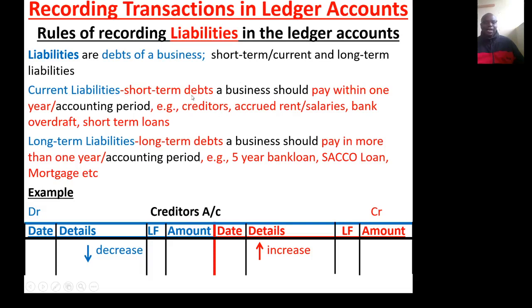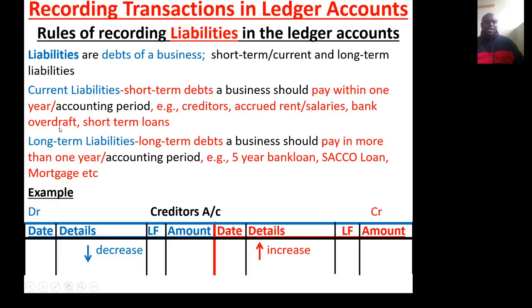For example, creditors, those that supply us with goods or stock on credit, we should pay them promptly. Accrued rent or salaries, salaries or rent that we have not paid but we have used them. That is a debt that you should pay.